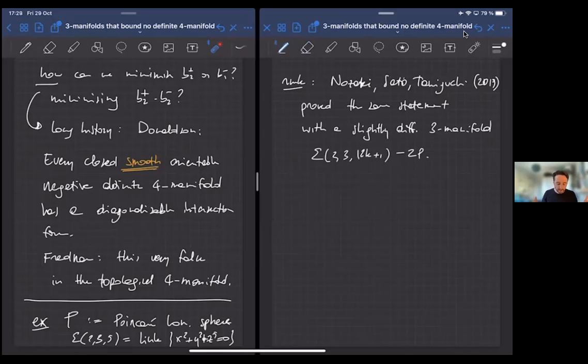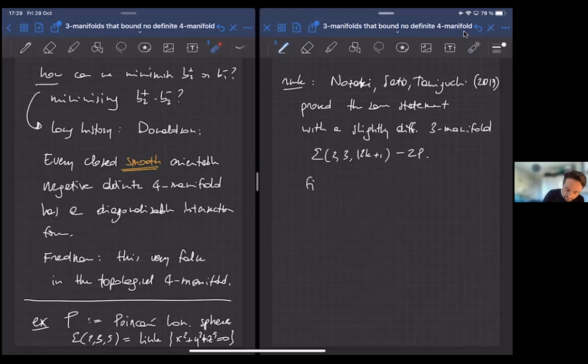So the same shape, the same type of example in some way. But this is an integer homology sphere. Ours is only a rational homology sphere, but you know, this is, I would say, almost fine print in comparison to the difference in techniques used.